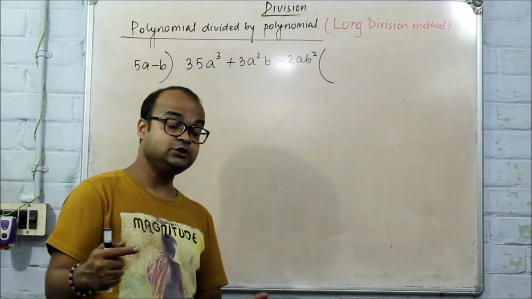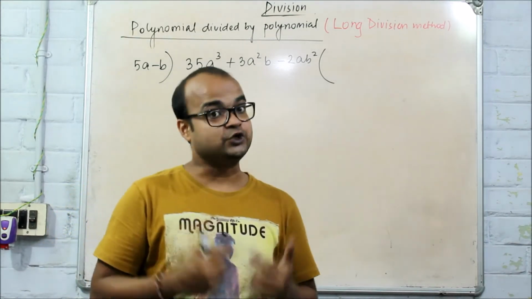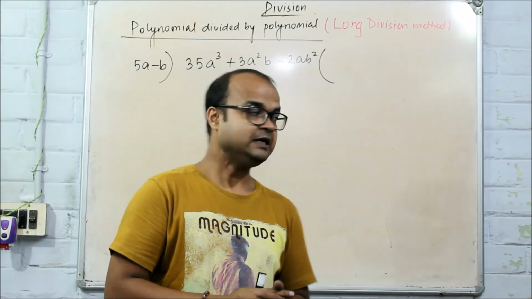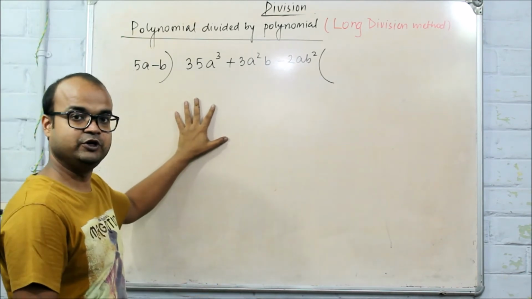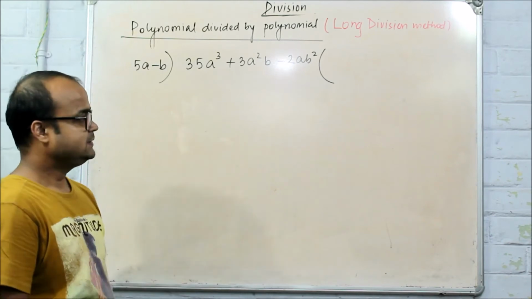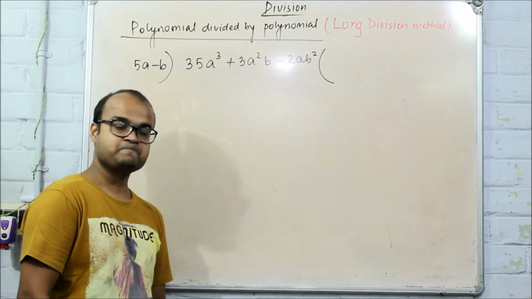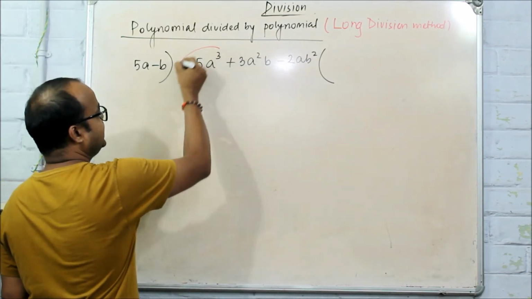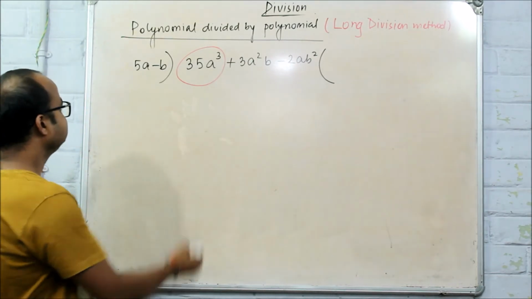Now I want you to do it together with me. So open your copy, write the problem, let us discuss it together. We will do it in your copy, I am doing it here. I think everyone is ready with the copy. Here leading term 35a cube.